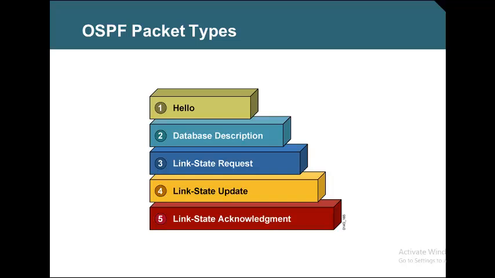I repeat, in Wireshark, when you capture packets, I'm going to do it and show you today, you will see hello packets, DBD packets, LSR, LSU, LSAck, all mixed in one page or many pages.